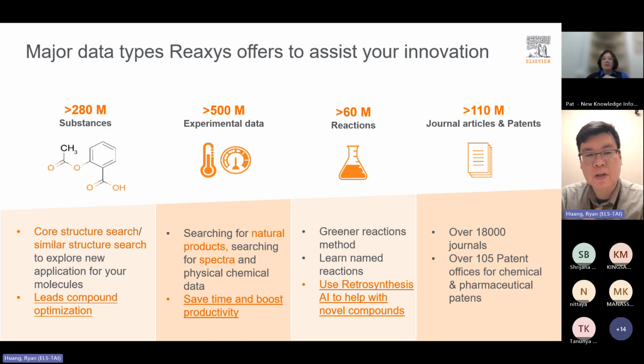Sometimes, if you are working on novel molecules, you search in Reaxys, you will get zero results, right? Because no one has published before. But now, if you are using Reaxys AI, the AI can help you find a novel synthesis plan, so you can try to make the molecules in your laboratory.